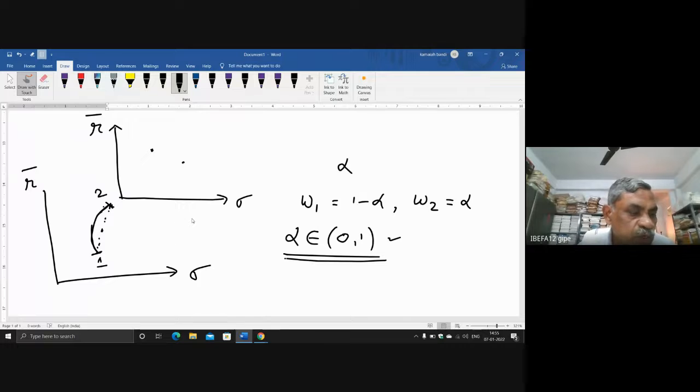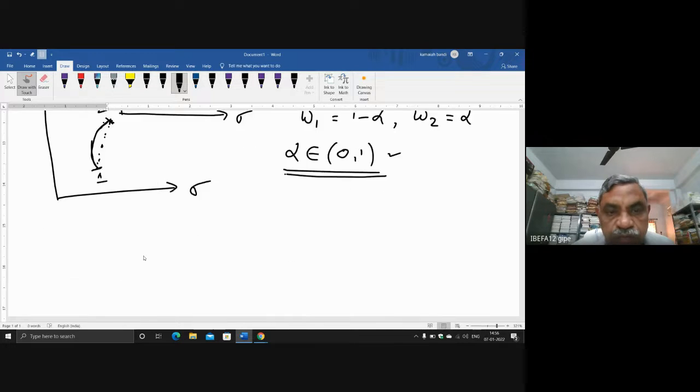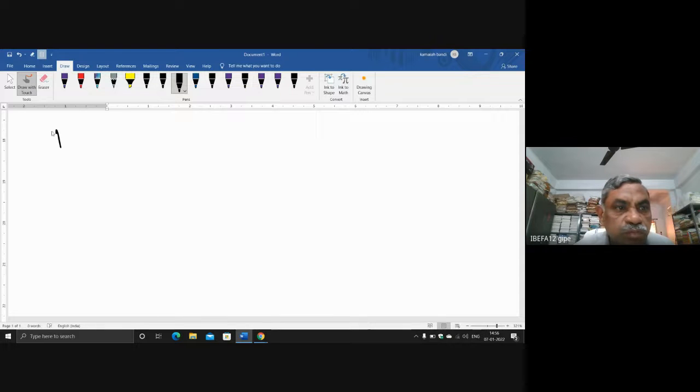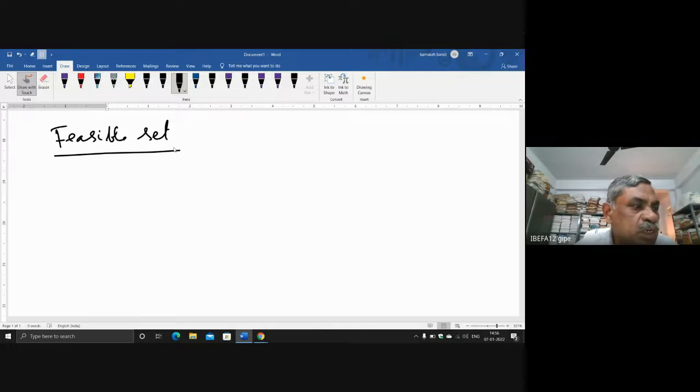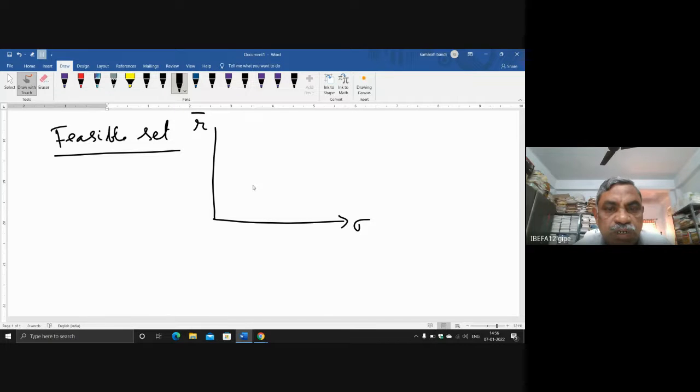Now the concept of a feasible set. Okay. So the set of points that corresponds to portfolios is called a feasible set. Let us take two assets, A and B, right?